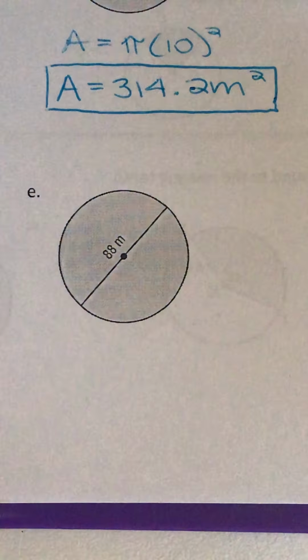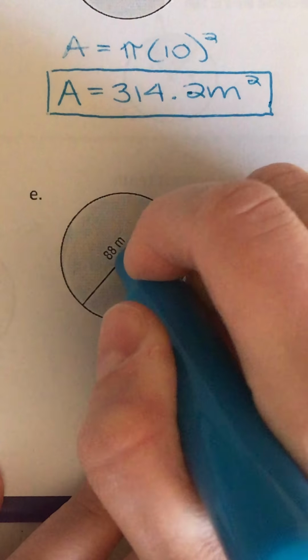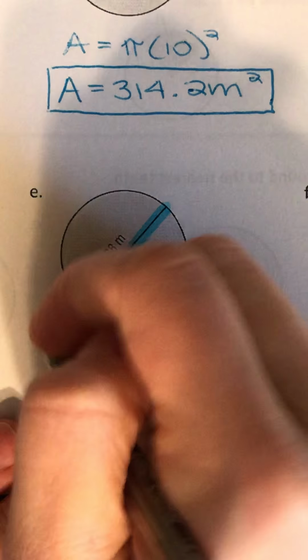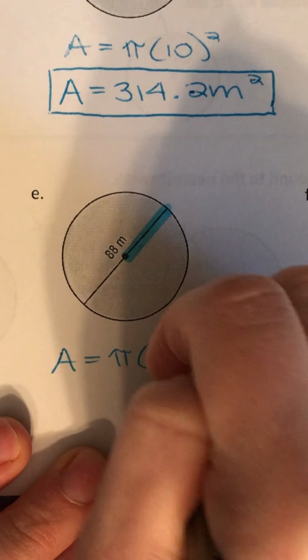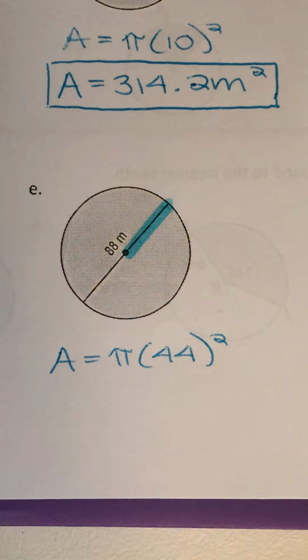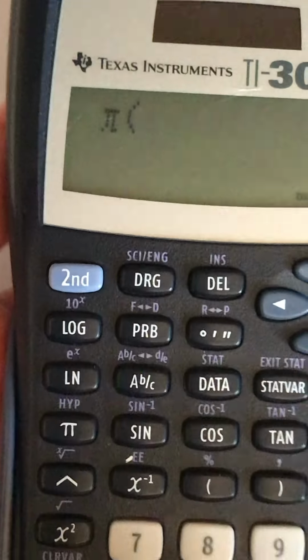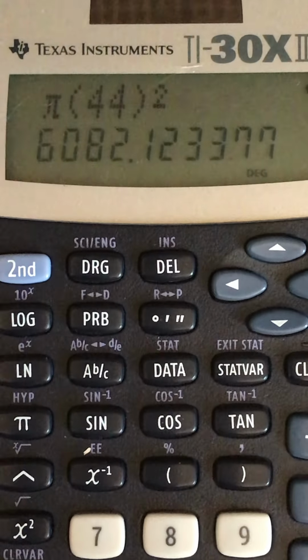Moving on to the next one. My radius is going to be 44. I get 6,082.1.